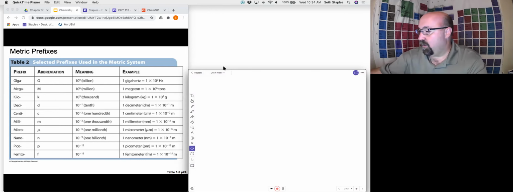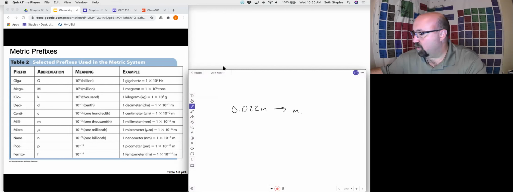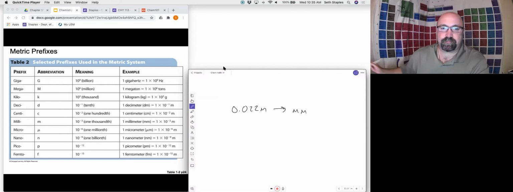Let's say we have a measurement of 0.022 meters, and we need to convert that over to millimeters.